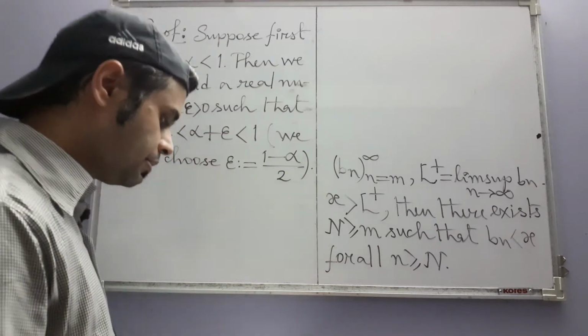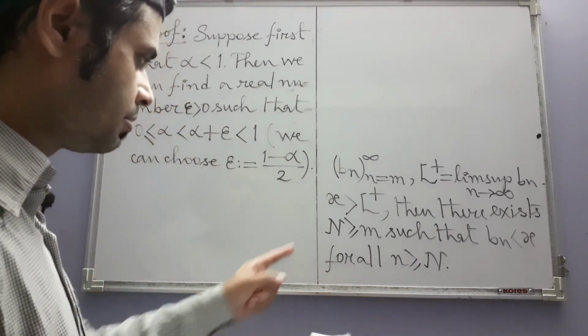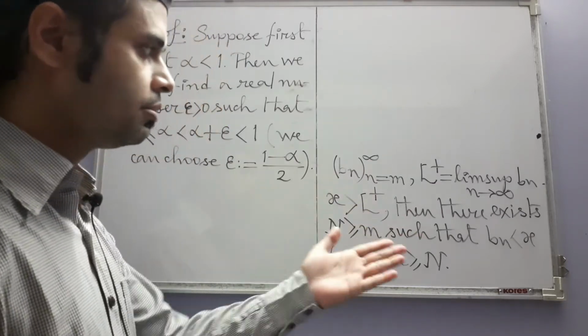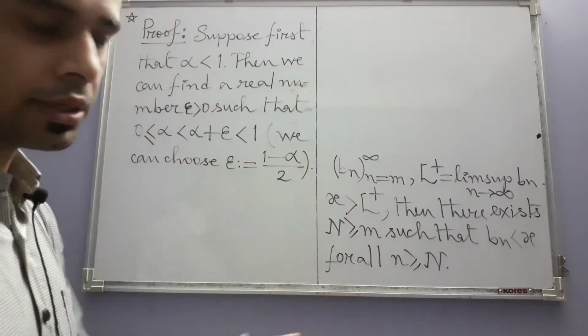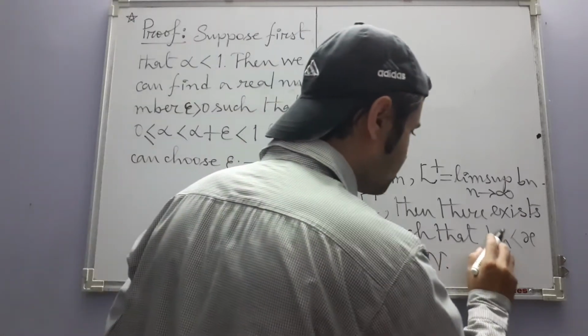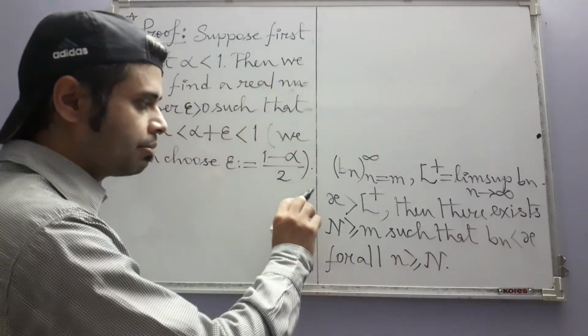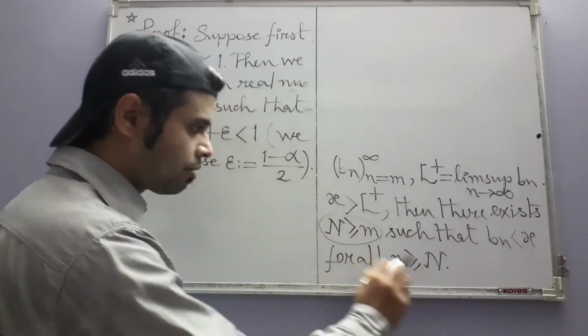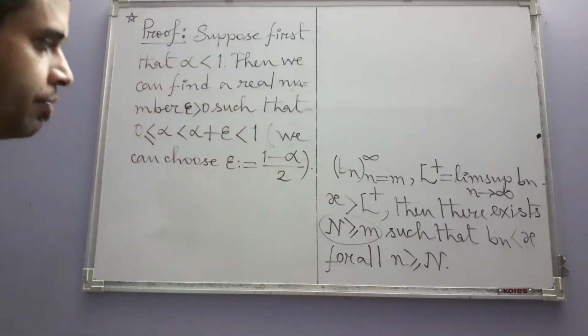Okay, so that means if our x, this extended real number, is greater than the limit superior of our original sequence, then the terms of the original sequence will become less than x starting from some stage. Some n onwards this will happen.